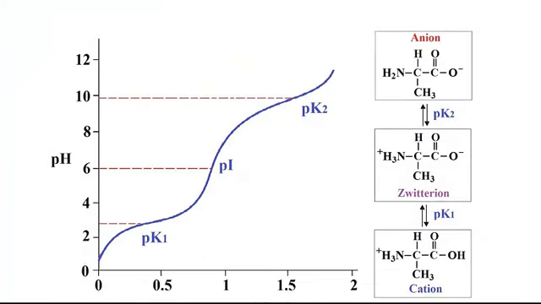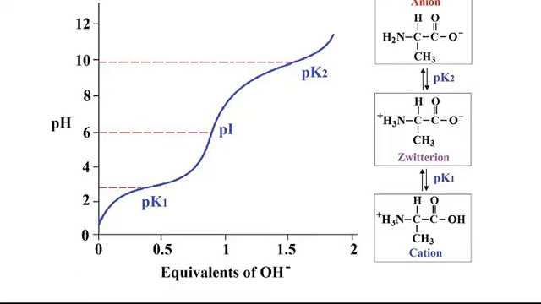So here, first I'm showing you a non-charged amino acid. On one axis we have the pH, from 0 to 12. And on the other axis, we have equivalents of hydroxyl group added. As we add more hydroxyl group, the pH will increase, so the solution becomes more basic. Starting with the most protonated form of the amino acid here, you can see that we have an NH3 plus and a COOH.